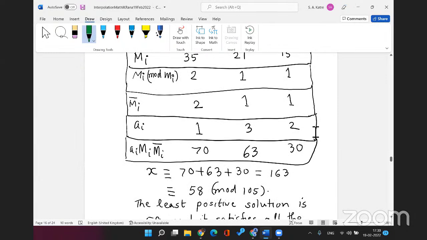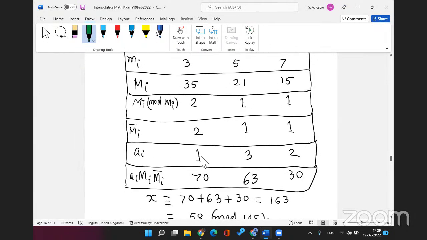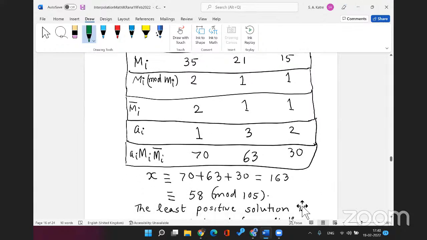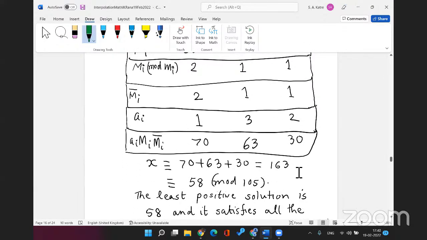Here A1 is 1, M1 is 35 and M1 bar is 2. So the product is 70. Similarly, 21 into 1 into 3 is 63. And similarly here we get 30. And the sum of all these things is 163.